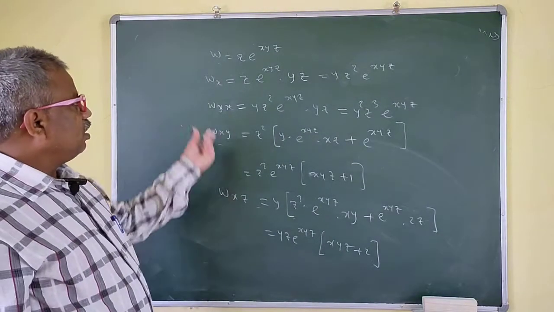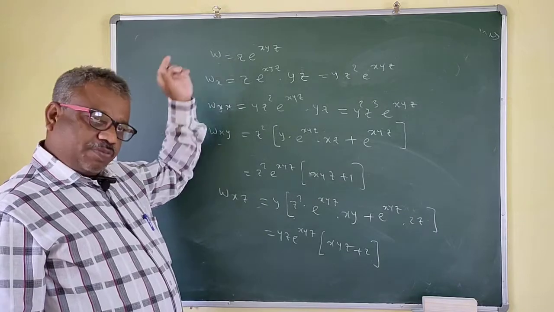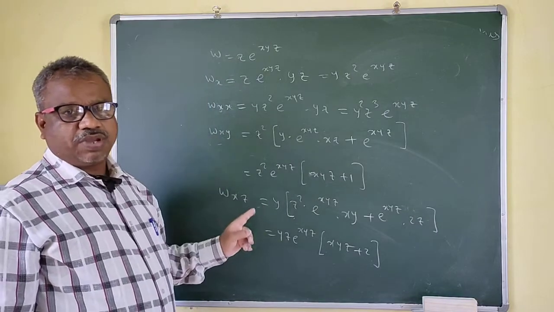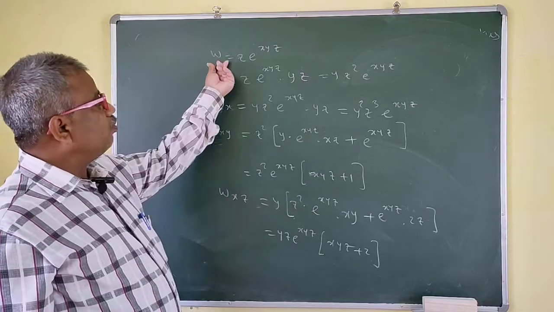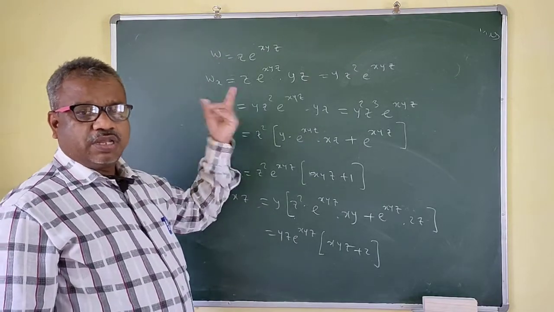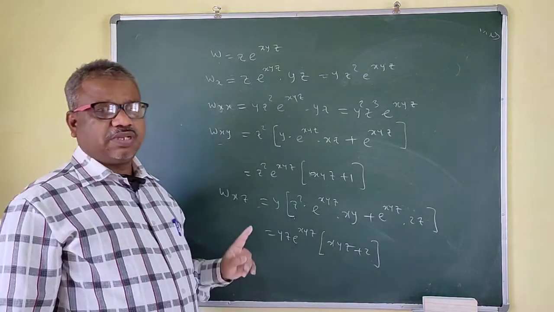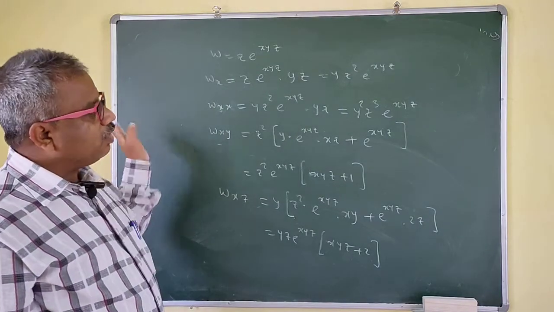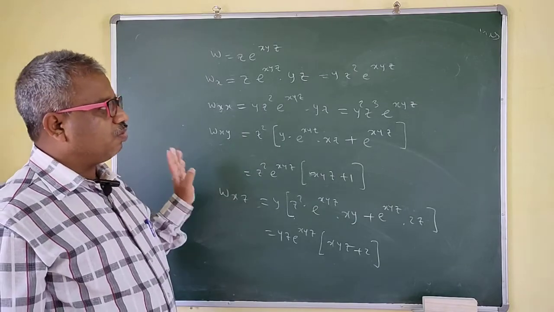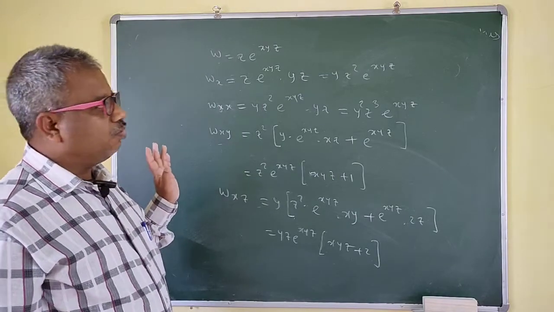So similarly, you can find wy, differentiate that wy with respect to x, with respect to y, with respect to z. Right? Then find wz, differentiate that wz partial with respect to x, partial with respect to y, partial with respect to z. Right? So I hope that you can solve this problem on your own. Okay? So we will stop here.